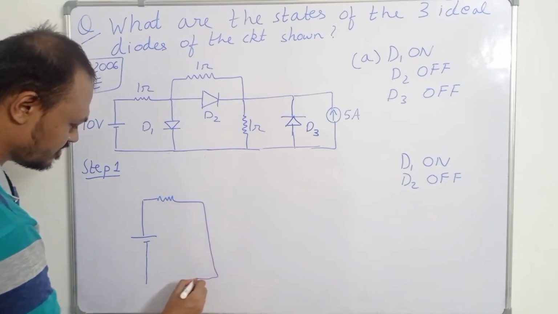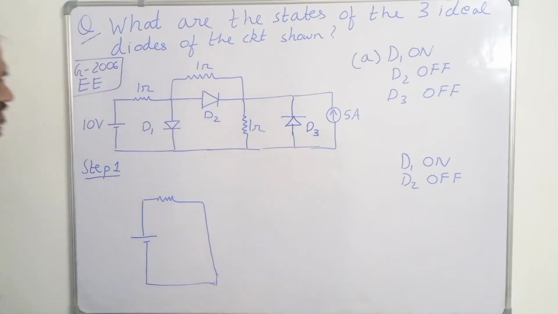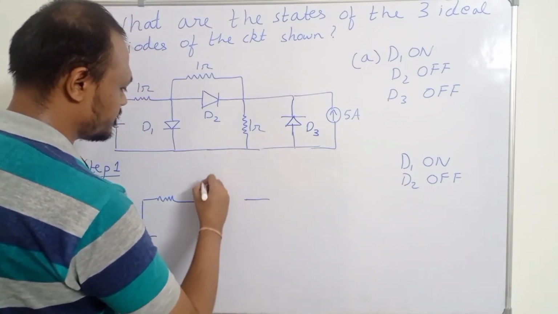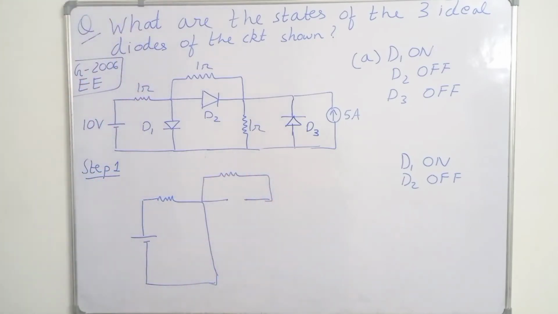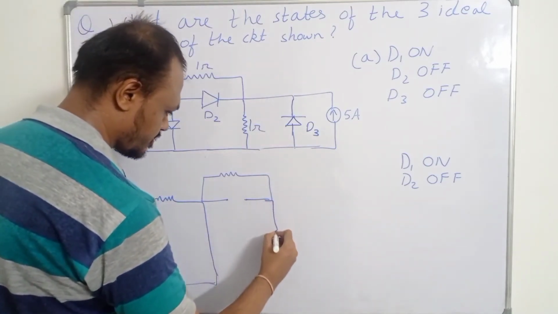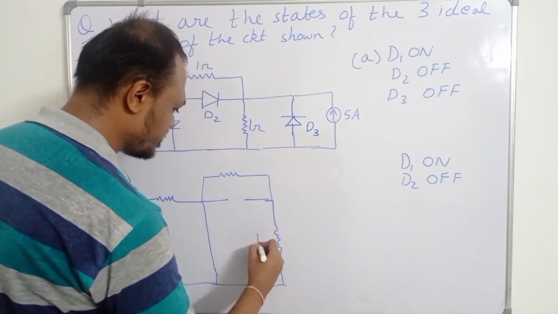So D1 is on, and now we have assumed that D2 is off. Now we will consider this resistance because D2 is off. This is 1 ohm.